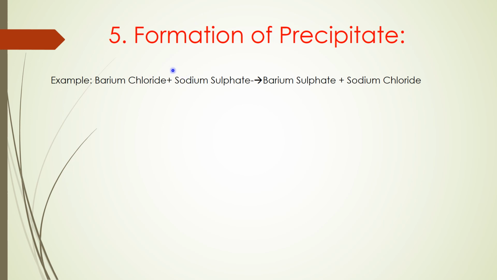Let us discuss another important characteristic property of a chemical reaction: formation of precipitate. In some chemical reactions, precipitate is also formed. It is also one of the characteristic properties of a chemical reaction. For that, what are the materials we need? One is barium chloride salt and the other is sodium sulfate salt.